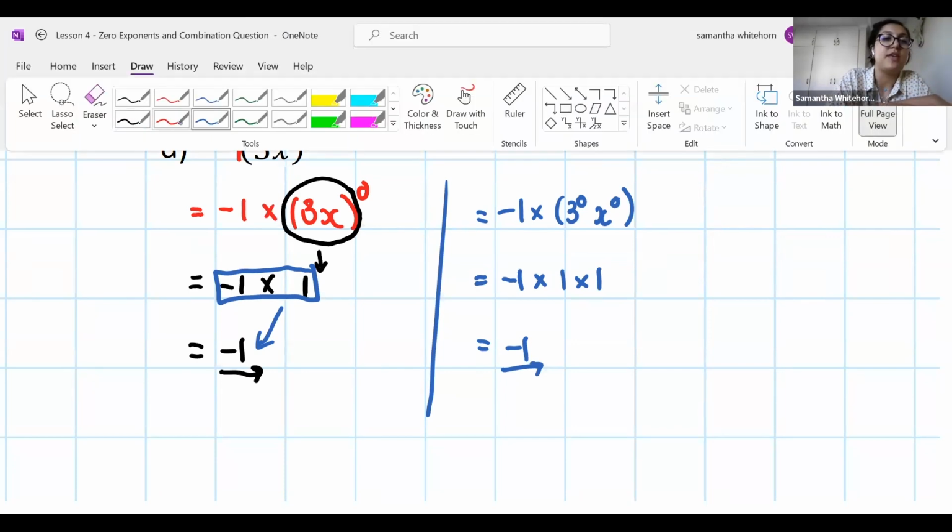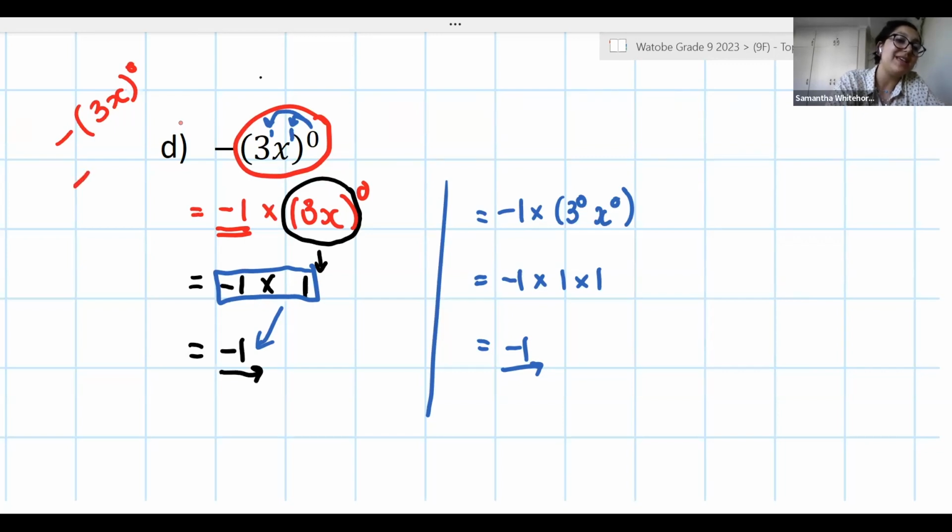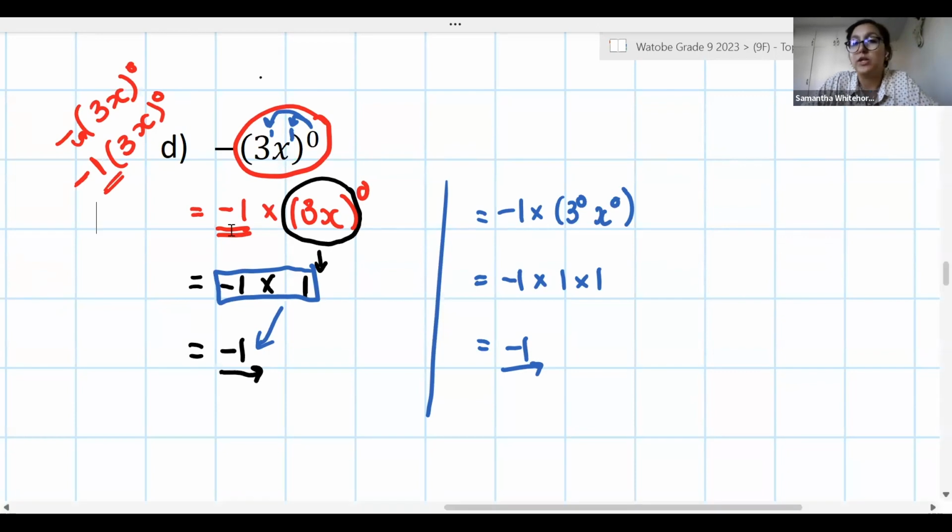Right, so that -1, all I was doing there is just reminding you that whatever the value of this 3x to the power of 0 is, still needs to be multiplied by a -1. So even though there's no 1 written in front of the bracket, there is actually a ghost 1 there in front of the bracket that we just don't write. Remember, it's the same as if you have a variable. If we just have x, there is actually a 1 in front of the x, we just don't write it in. And the same goes for a bracket. If there's just a sign and then the bracket, there is actually a 1 there, we just don't write it in.